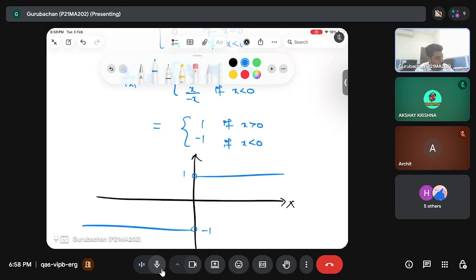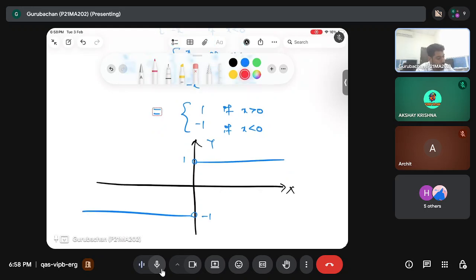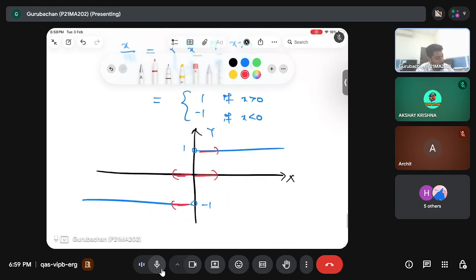So this is minus 1, this is 1, this is your graph of this function. Clearly when you take the neighborhood of 0, under this will be your image, but under this will be your image. So here it tells you that from the left hand side it is the neighborhood of minus 1, and from the right hand side it is the neighborhood of 1.